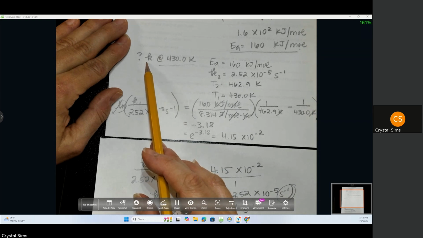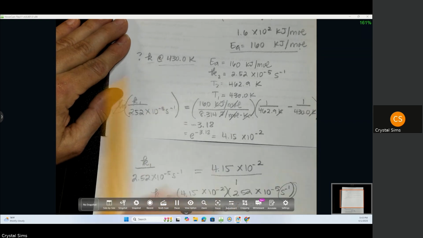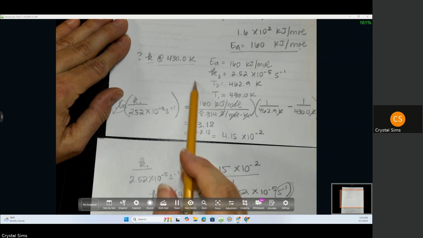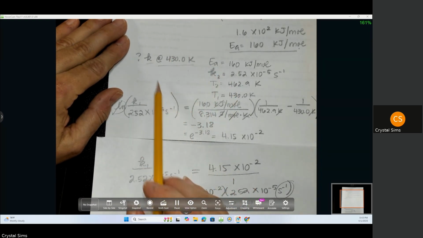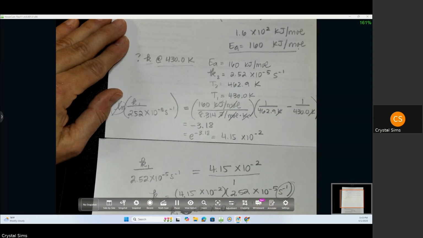Or they could have given us a second reaction rate constant there and asked us to determine temperature. So again, this is just like all of the other reactions we've been looking at.